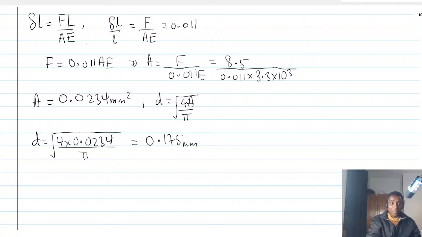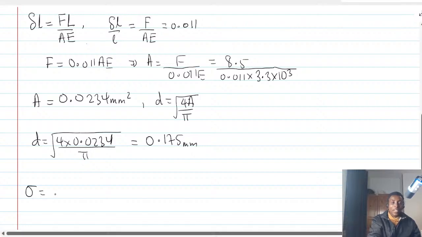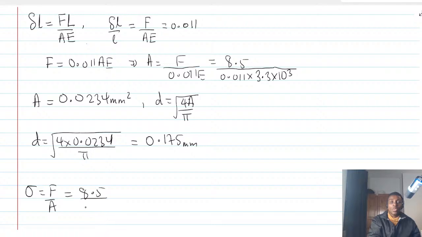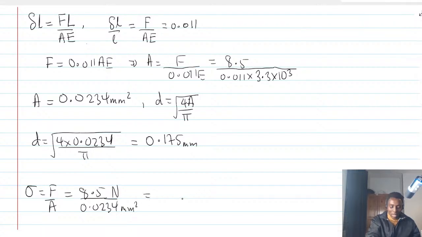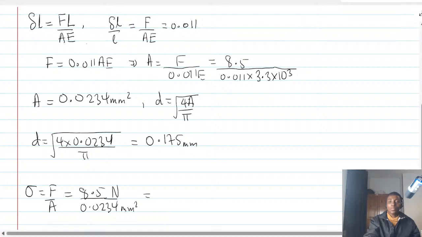Okay. Now, if we want to calculate the stress, it will be force over area. And the force is what? So the force is 8.5 divided by the area, which is 0.0234 newton per millimeter squared. So whatever answer we get, it will be in megapascals.